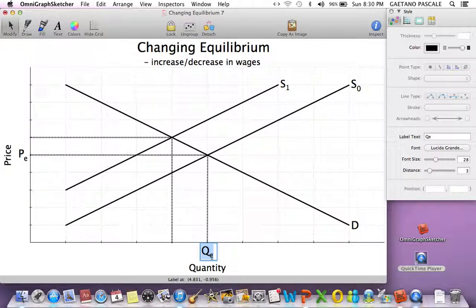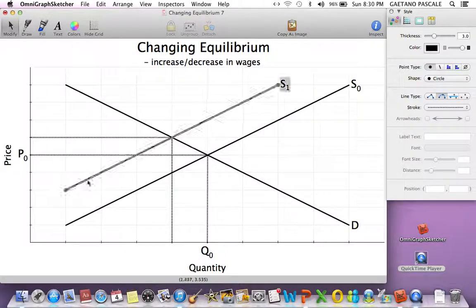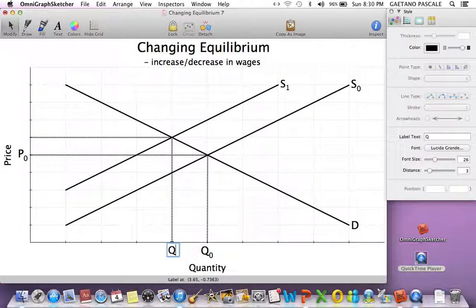So let me change QE to Q0 to indicate that this is our original equilibrium quantity, and let me change PE to P0, so that's the original price and quantity. Here is our new quantity, so here is Q1. And this is P1.